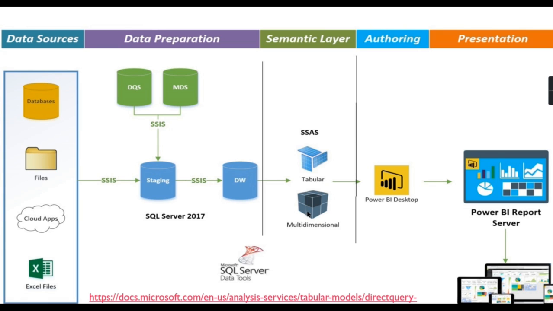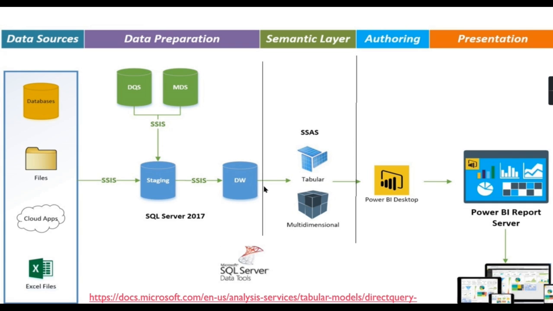So what I'm trying to say here is the processing option is nothing but reading data from the data warehouse and loading it here. But when you have direct query, there is no concept of processing. So no need to create packages or any job that will read the data from the data warehouse and load it here.